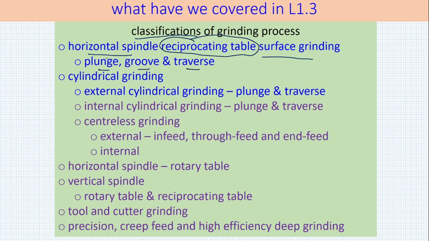One is traverse grinding, one is plunge grinding, and one is groove grinding. In traverse grinding, BS should be less than BW, so the grinding wheel has to be traversed in the cross direction to grind the entire surface. In plunge grinding, BS is larger than BW, and in groove grinding, it is equal to BW.